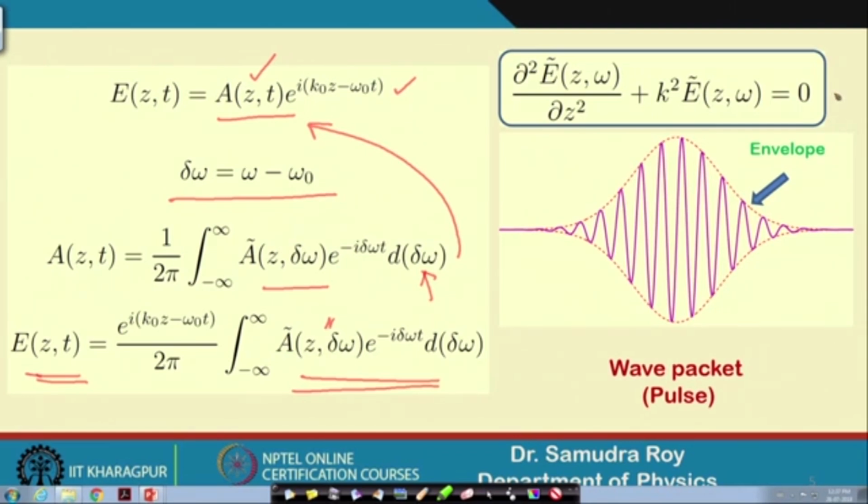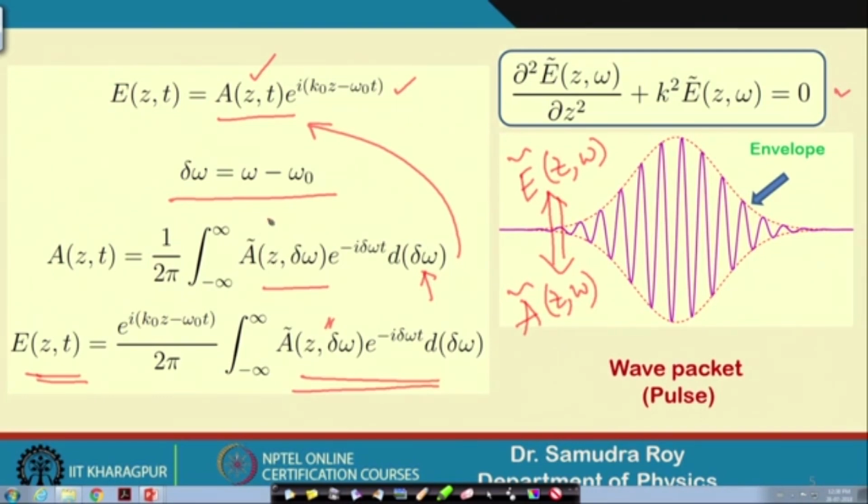So, mind it, this is the differential equation we had in our hand, and if I want to solve this equation, I need to put some form of E. So, E now I have taken into a form where A is introduced, which is the envelope, and then I try to find out the relationship between this quantity, because in the equation we have the Fourier component of E. So, I need to find out the relationship between E and A, because E and A should be related.